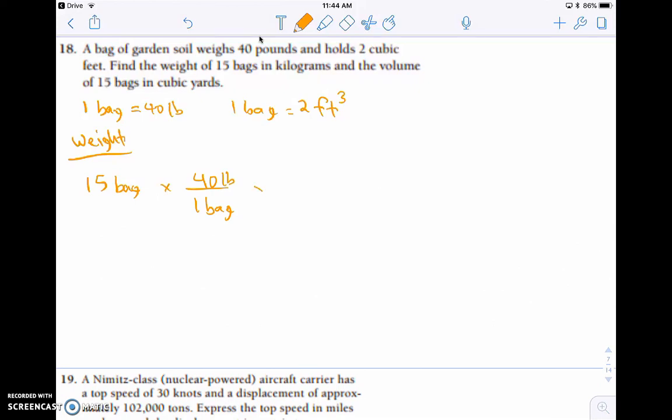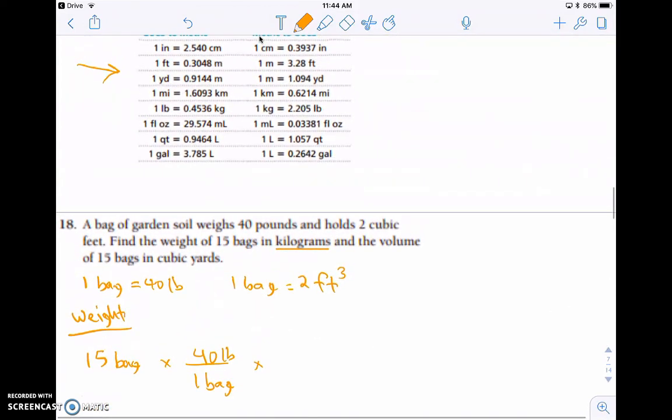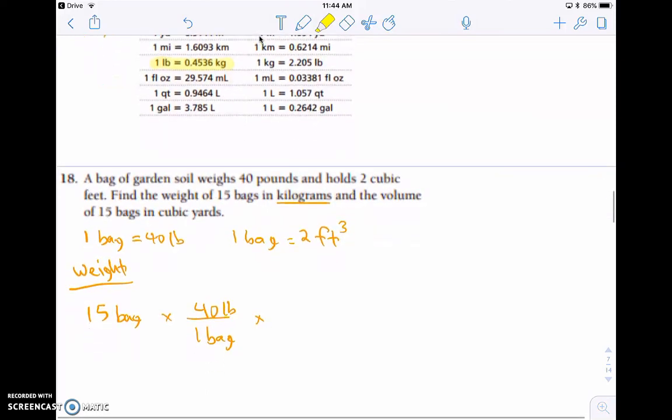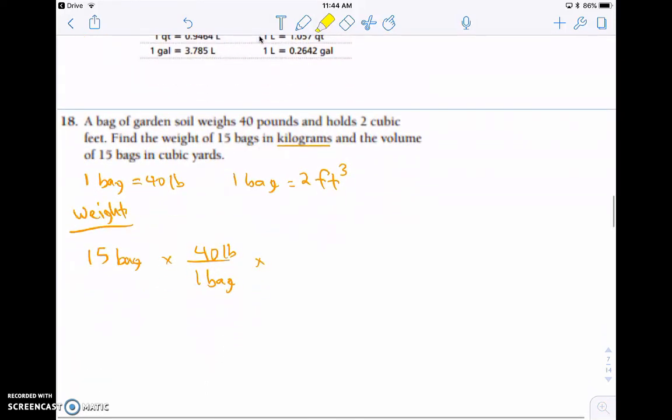So that's going to cancel my bags, but then I now need to look at the conversion from pounds to kilograms, because again, the unit that I want in the end is kilograms. And so coming up here, we can see right here that 1 pound is 0.4536 kilograms. So we're going to say 1 pound is 0.4536 kilograms.